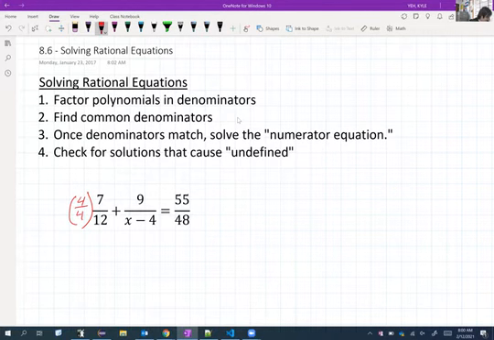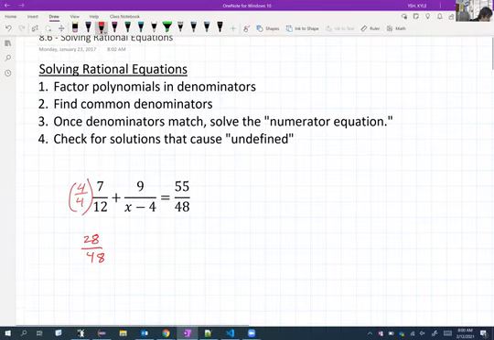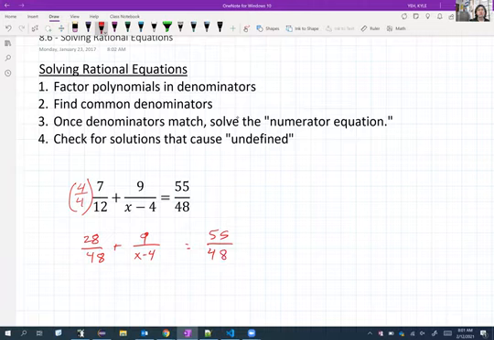Well, that would get me to 28 over 48, plus 9 over x minus 4, equals 55 over 48. And so I just noticed that, look, I could multiply that first rational expression by 4 over 4, and now it and the rightmost rational expression have common denominators of 48.